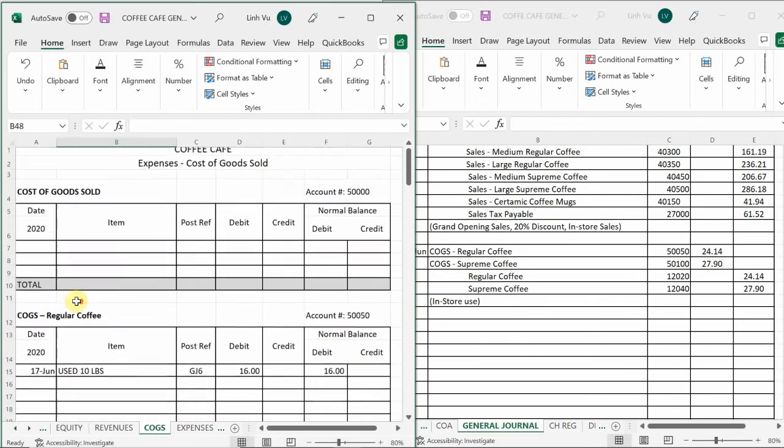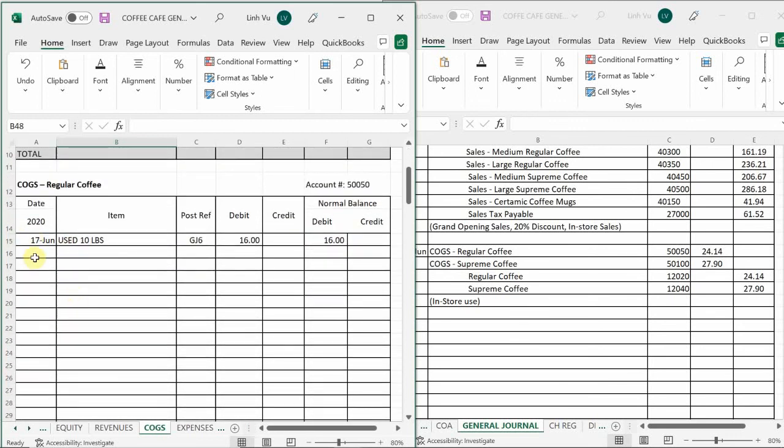We're going to start with my regular coffee. We used 15 pounds, page 7, for 24.14, which makes 40.14.